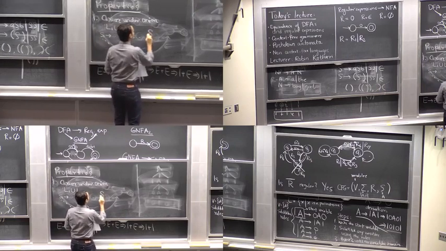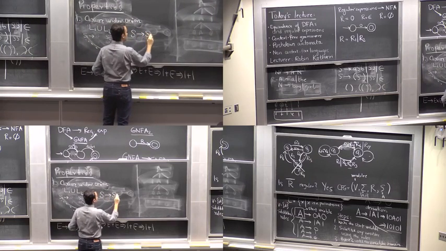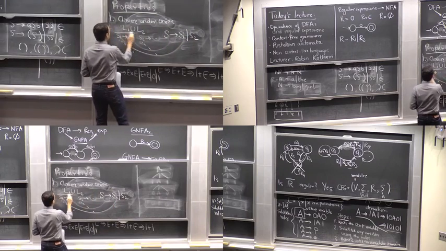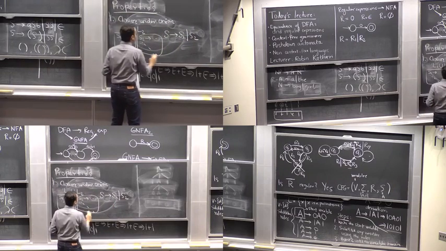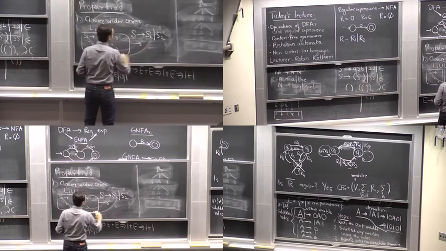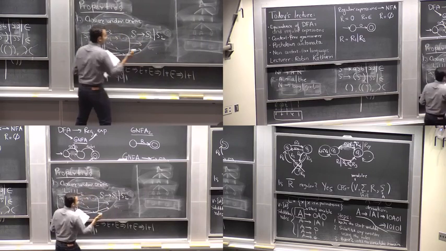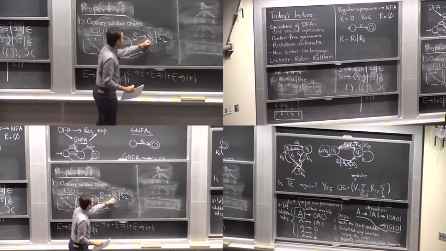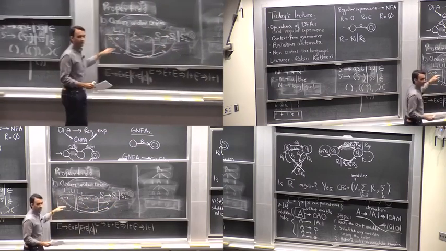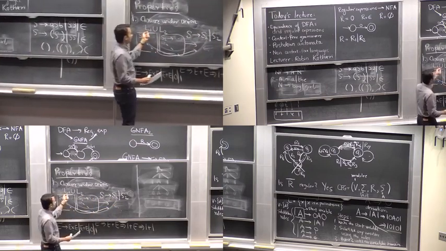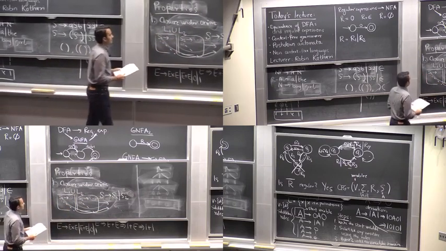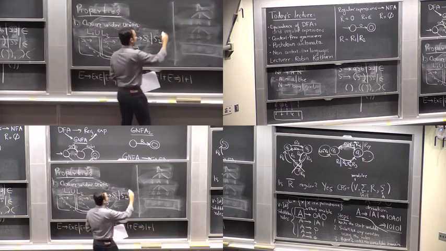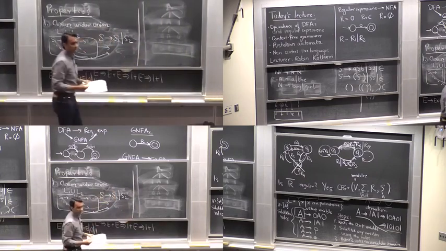Now you can create a new thing that says S goes to either S1 or S2, and then you copy down both sets of rules. What you've done is you start with S, and either you substitute S1 or you substitute S2, and then you follow one of the derivations of these two to get a string that's either in L1 or L2. So this shows you that context-free grammars are indeed closed under union, which is a nice property.